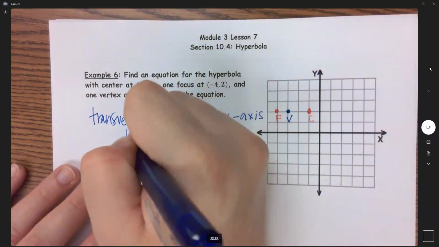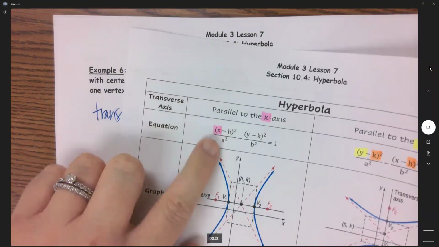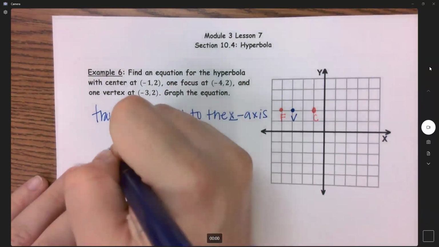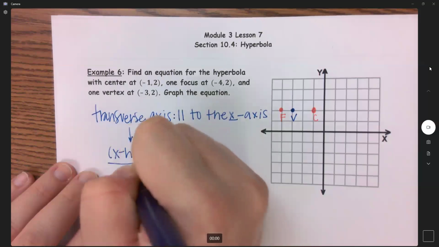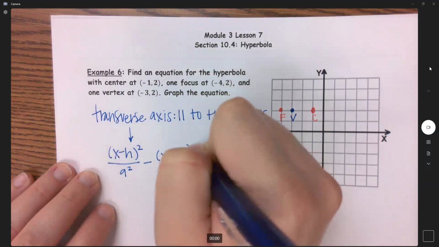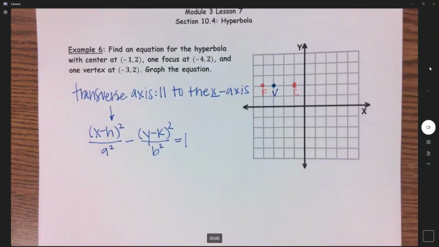So that tells me that I am using, because this is parallel to the x, this formula right here. So we have (x minus h) squared over a squared minus (y minus k) squared over b squared equals 1.